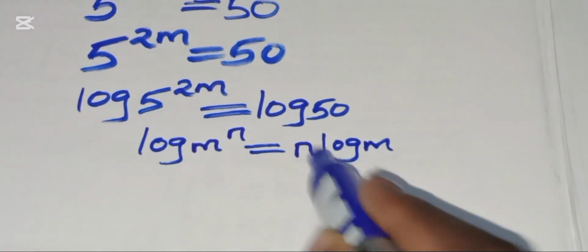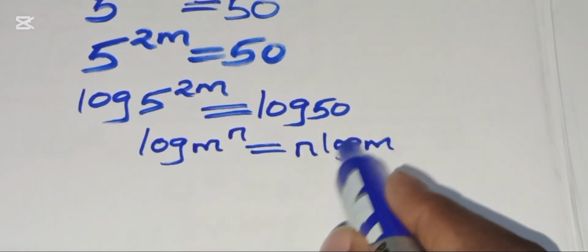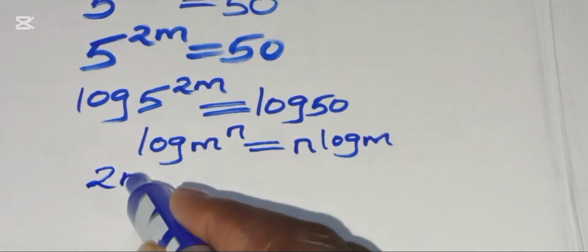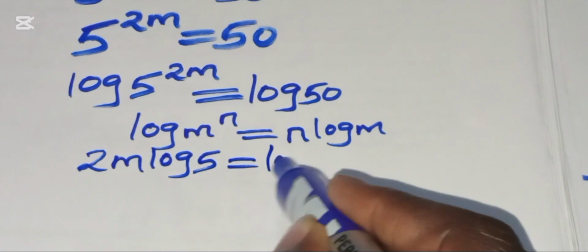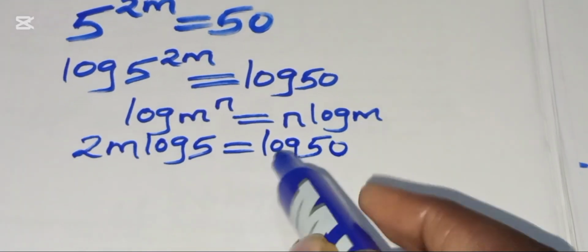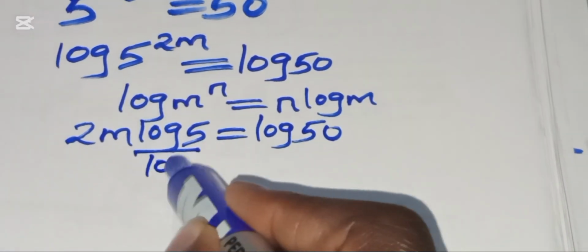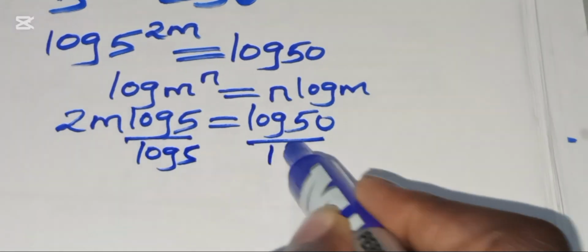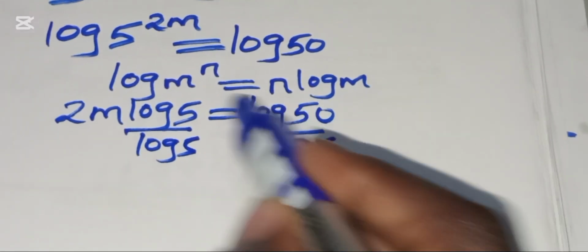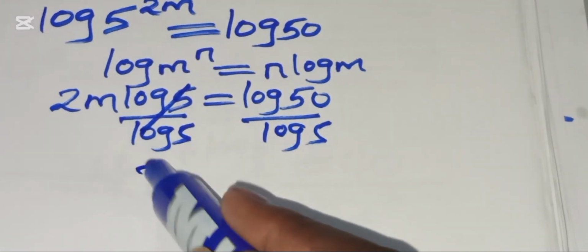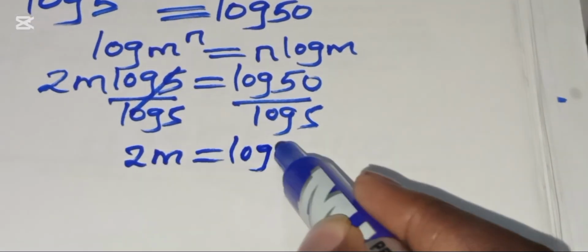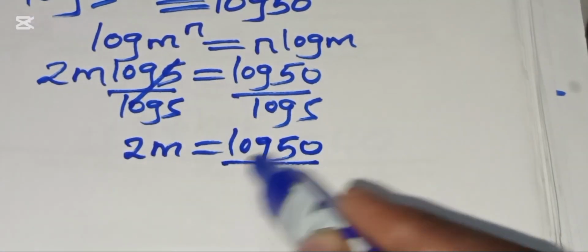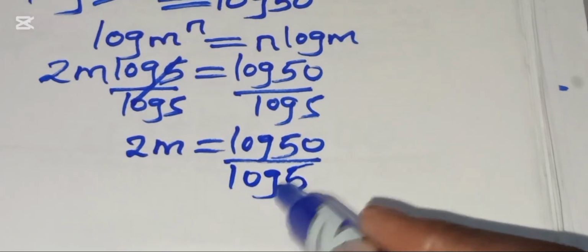Applying this power rule property of logarithm, we're going to have 2m log 5. This is equal to log 50. We divide both sides by log 5. Now if you simplify this, we'll have 2m equal to log 50 divided by log 5.